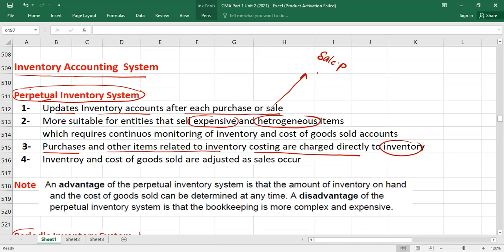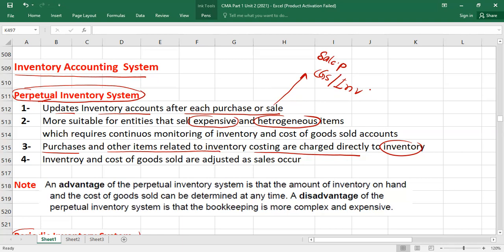The second entry adjusts cost of goods sold and inventory: you will debit the cost of goods sold and credit the inventory, because inventory is sold. You have to remove it and it should be part of cost of goods sold. Entries I will show you with an example, don't you worry. But how many entries are required? 2.